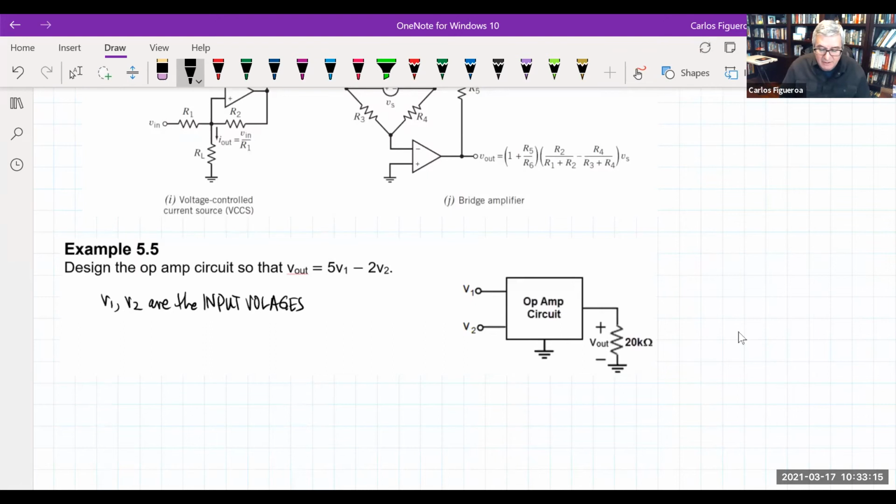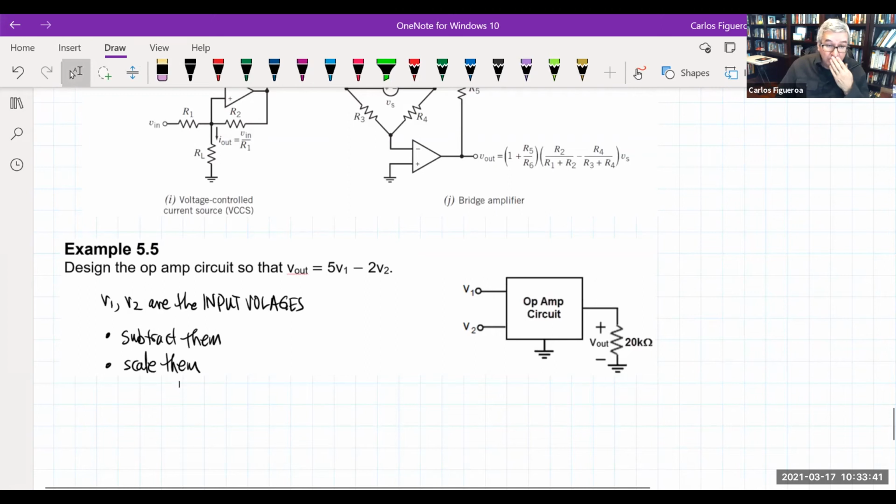Because they're the input voltages, we want to do two things: in the end, we want to subtract them, and we need to scale them in order to really do this.